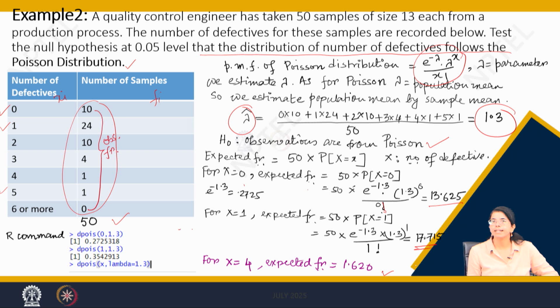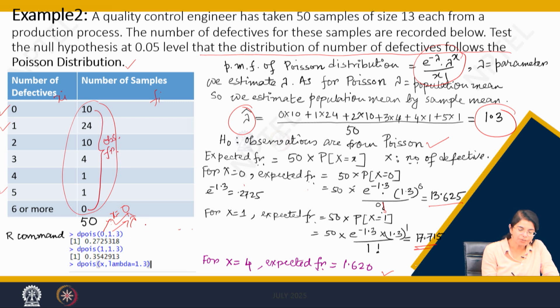In fact, in case you don't know the probability mass function of a Poisson distribution, nothing wrong in it. Don't get anxious, because we have R in our hand, and in R you can use the command dpois. Look at this, 0 means x is equal to 0, and 1.3 is the value of estimated lambda.